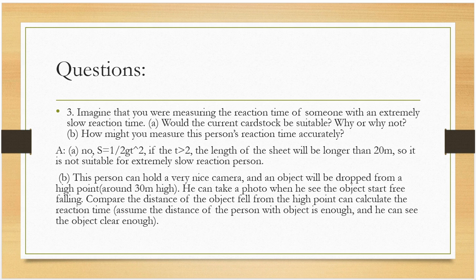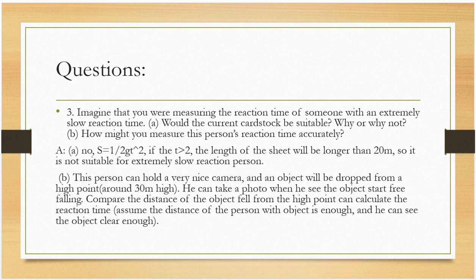How might you measure this person's reaction time accurately? This person can hold a very good camera, and an object will be dropped from a high point, as high as 30 meters.